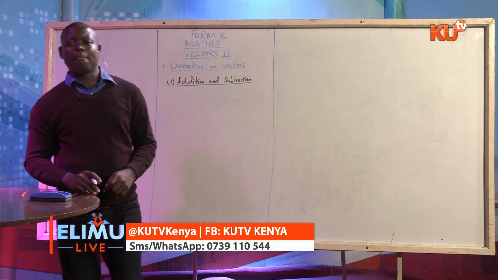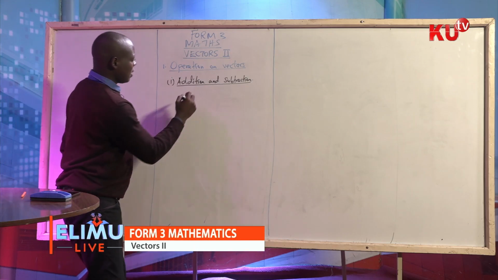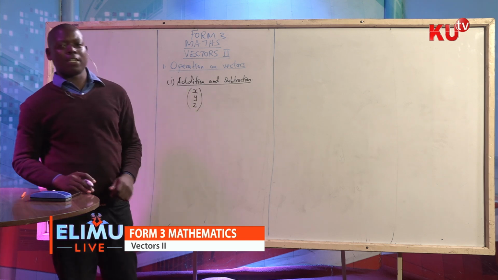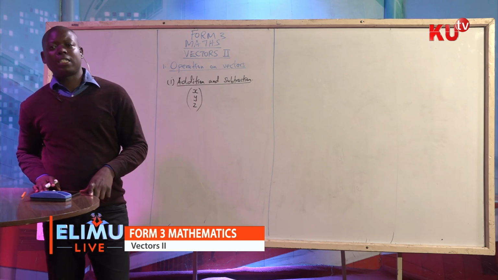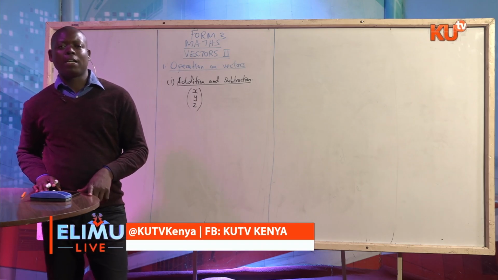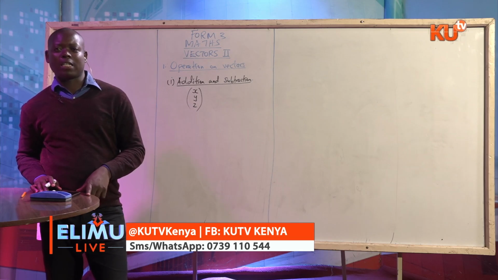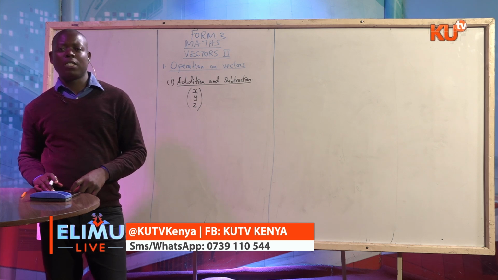Remember that in three-dimensional geometry, vectors are represented in terms of x, y, and z, where each component shows what the vector represents on the x-axis, y-axis, and z-axis. But in Vectors 1 in Form 2, we looked at two-dimensional geometry where we focus on the x and y axes.